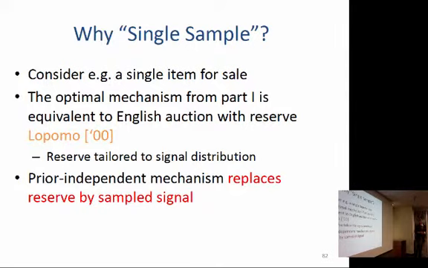Here it's going to be an English auction with reserve. The reserve, of course, is highly tailored to the distribution. So what this mechanism does is replace the reserve by a sampled signal, the signal of the randomly chosen reserve bidder.